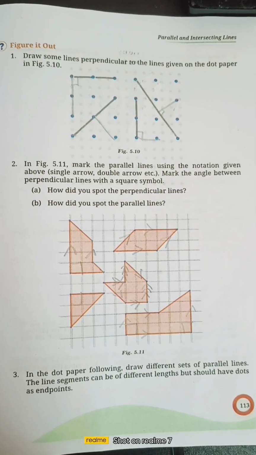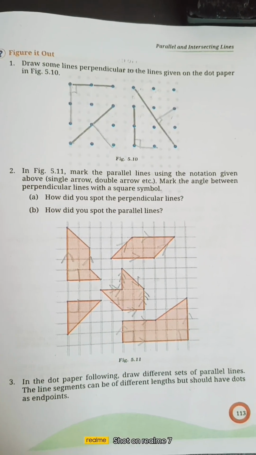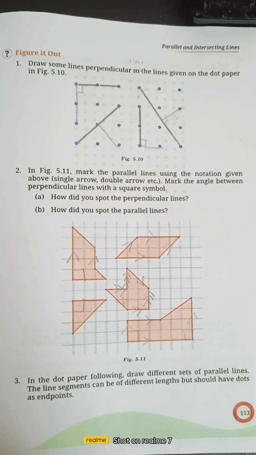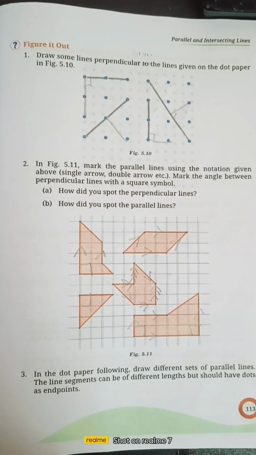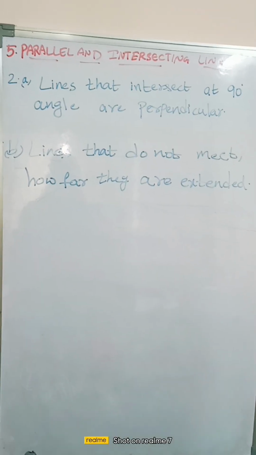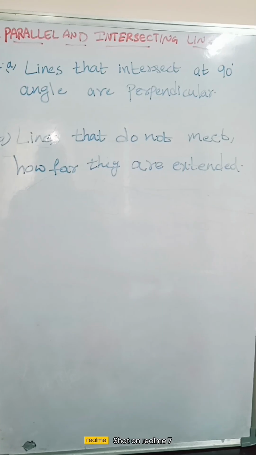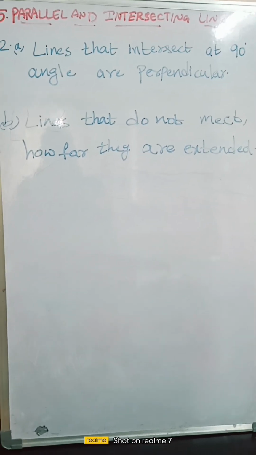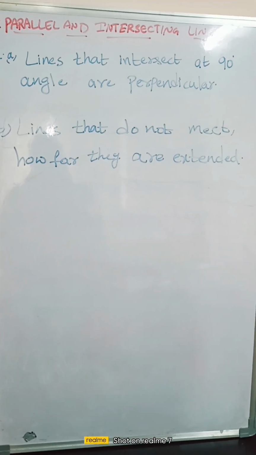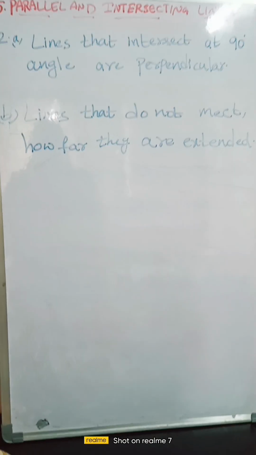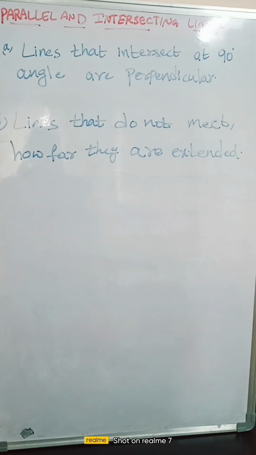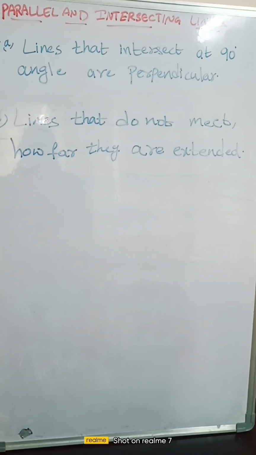Next, how did you spot the perpendicular lines and how did you spot the parallel lines? We will write the reason for this one. How will we identify perpendicular lines? Lines that intersect at a 90 degrees angle are perpendicular, which means they intersect at 90 degrees only. Next, how will we find out parallel lines?